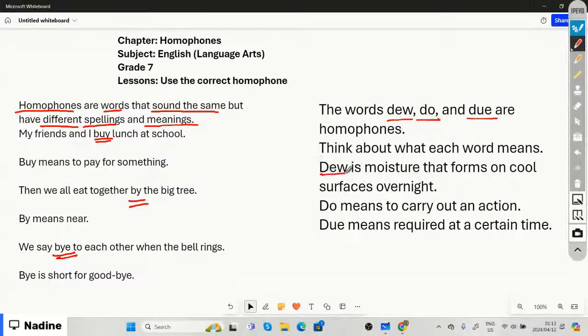If we think about what each of these words means, the first word, dew, D-E-W, is moisture formed on cool surfaces overnight. That moist feeling that you see sometimes on sandwiches left overnight is just normal. It is dew. Then do, what is do?